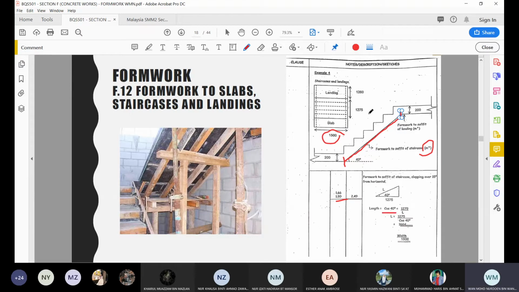So that is the calculation. We'll look at an example later. From this calculation, the length we get here is 1.66, or 1.1664. We transfer this here, and we get square meter. The length is 1.66 and the width is 1.5, the width of our staircase.